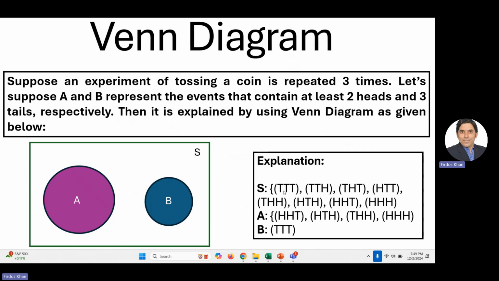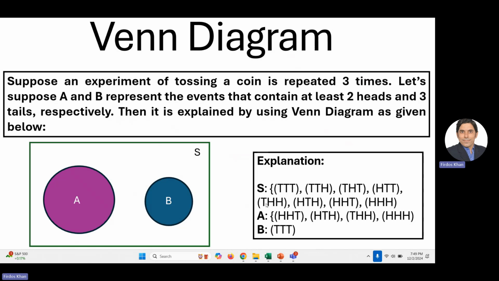So the first one is TTT. This means tails on all 3 coins. This is one of the possibilities. The second possibility is 2 tails on the first 2 coins and a head on the third one. The third possibility is tail on the first and third coin and head on the second coin. The fourth potential output is head on the first and tails on the last 2 coins.